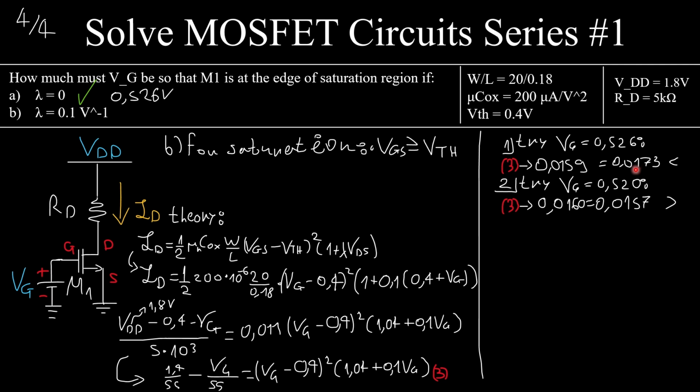I try the middle value, 523 millivolts. I do this up to 4 decimals to check my accuracy. And you can do whatever you want, but this one I prefer for this exercise.